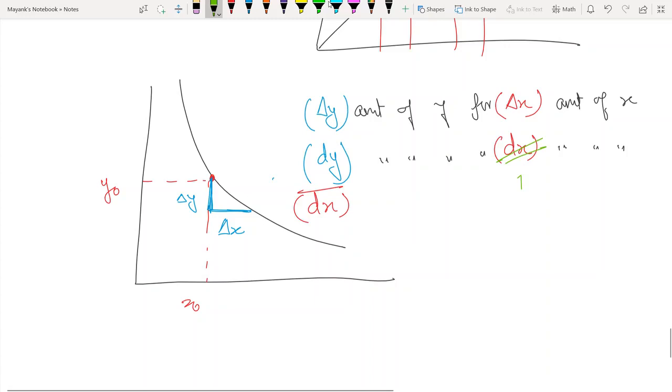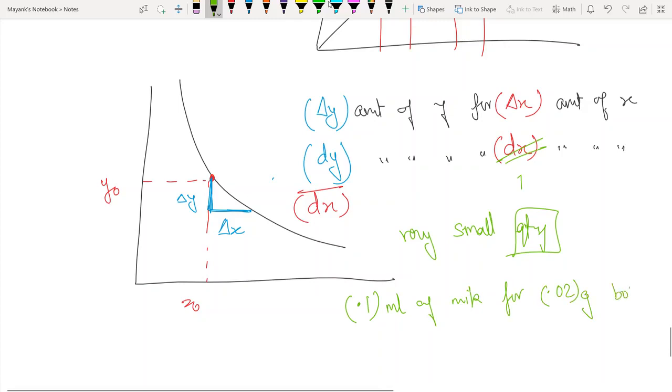So for very small quantities, if I tell you that a consumer is exchanging 0.1 milliliter of milk for 0.02 milligrams of butter, then you can be sure that he is going to exchange 0.2 ml of milk for 0.04 milligrams of butter.